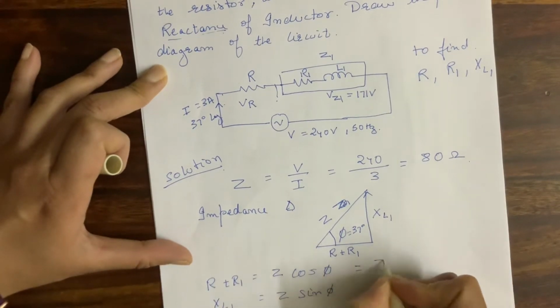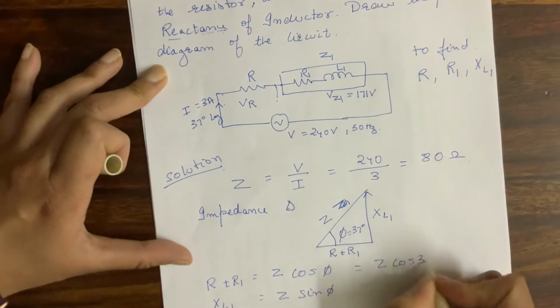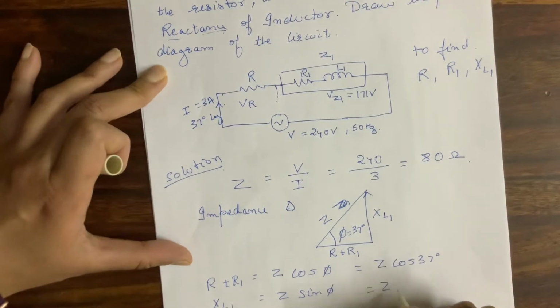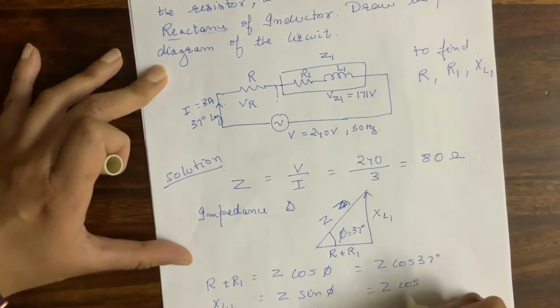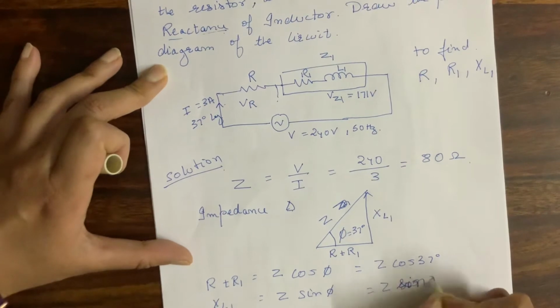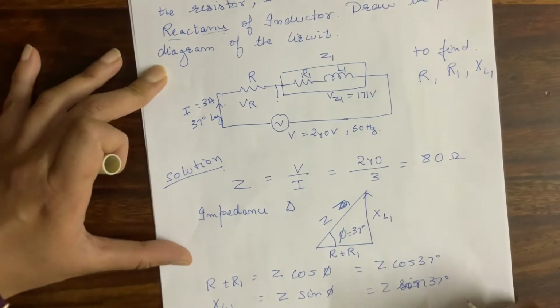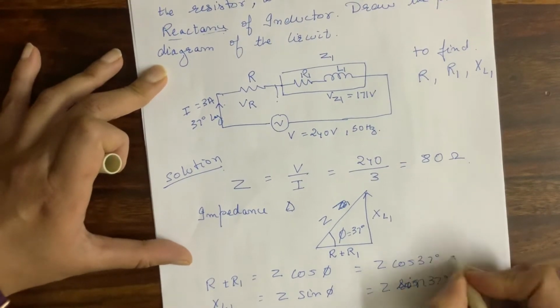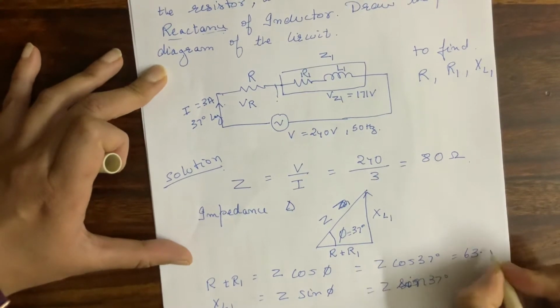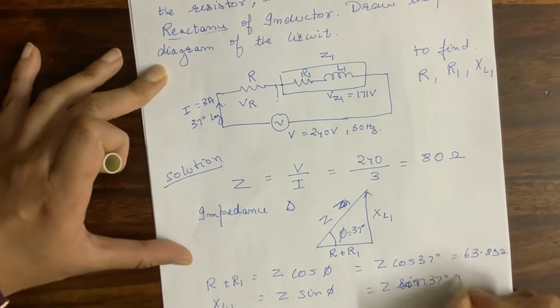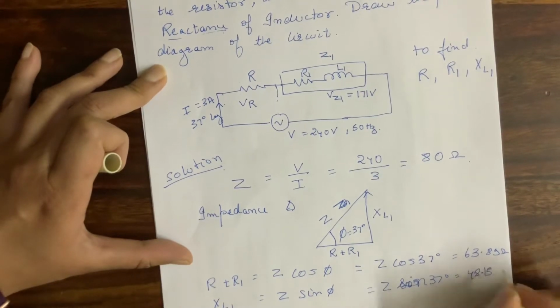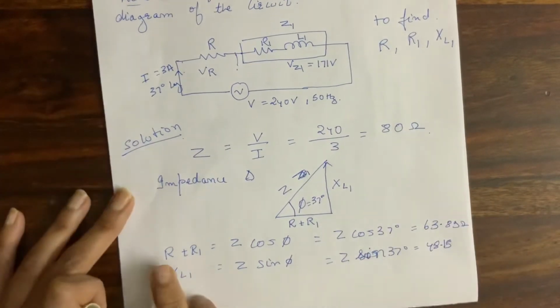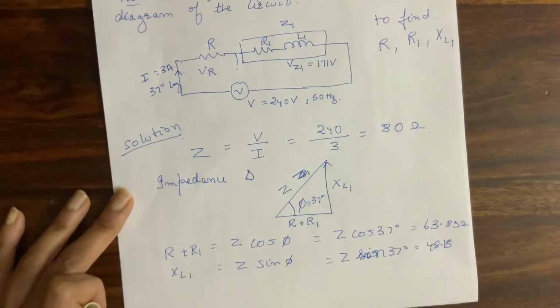So this is Z cos 37 degree, and this is Z sin 37 degree. After calculating, I get R plus R1 as 63.89 ohm and XL1 as 48.15 ohm.